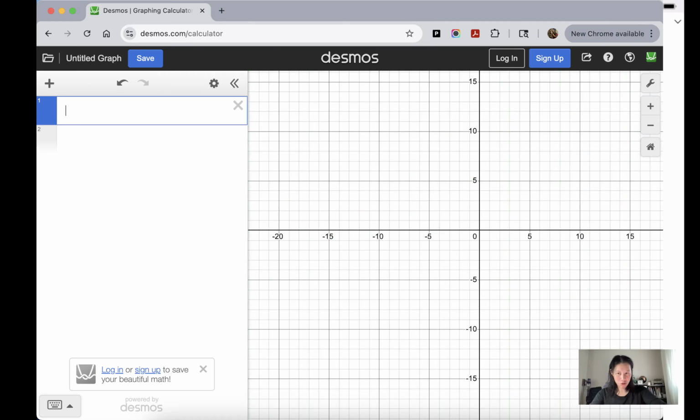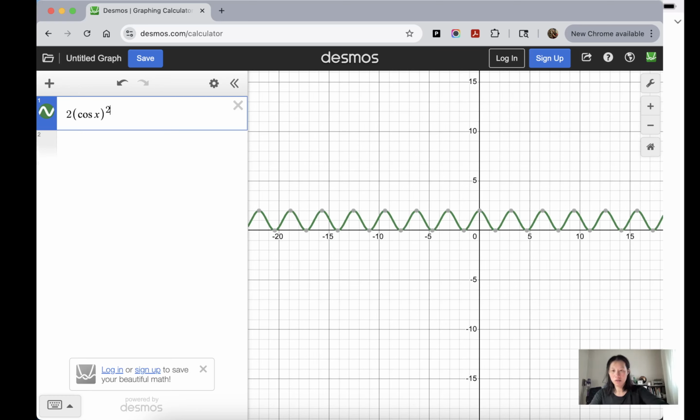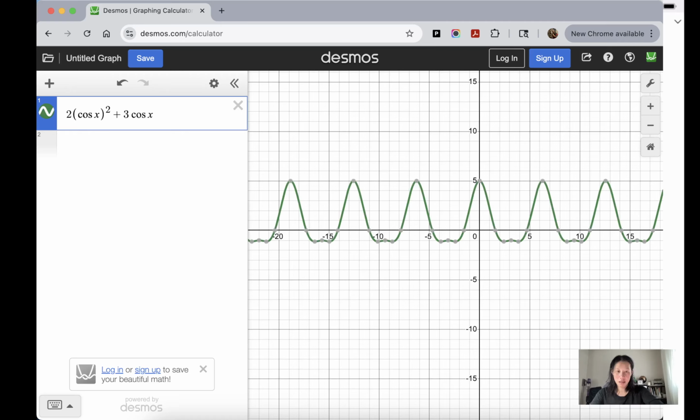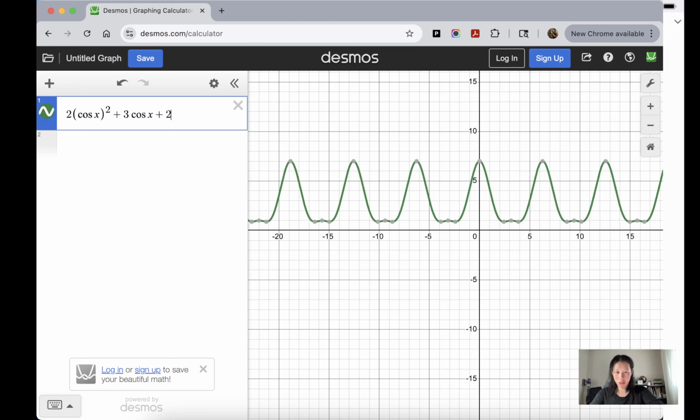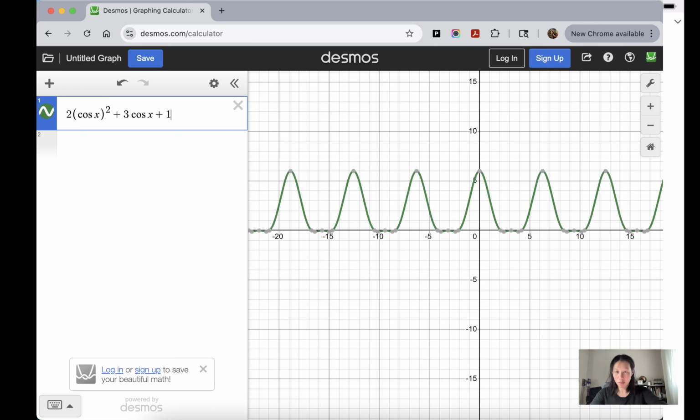Let me change it to the one after the transformation, which is 2 cosine x squared. Okay, so far so good. Plus 3 cosine x plus 1, equals 0. Plus 1, not plus 2.